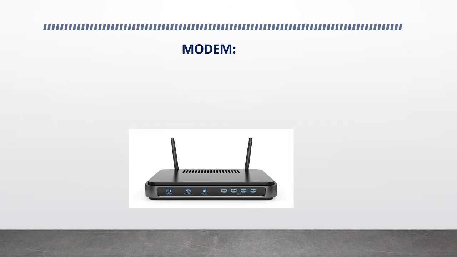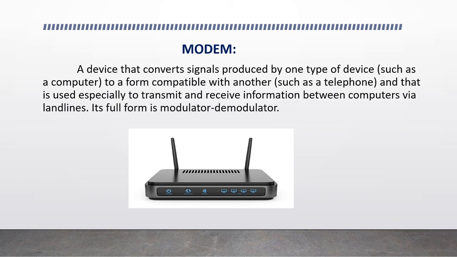The image you can see on the screen, we call it a modem, and the full form of modem is modulator demodulator. It is a device that converts the signal produced by one type of device, say a computer, to another device, say a telephone line, in a compatible form, and that is used especially to transmit and receive information between computers via landlines or Wi-Fi.